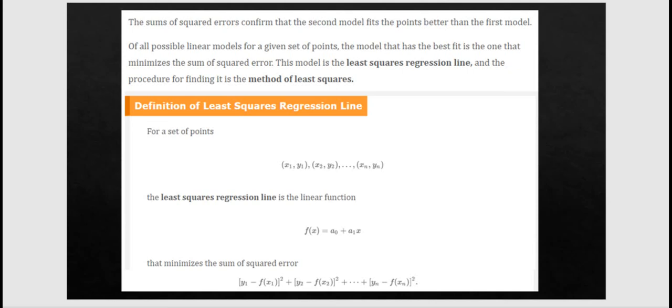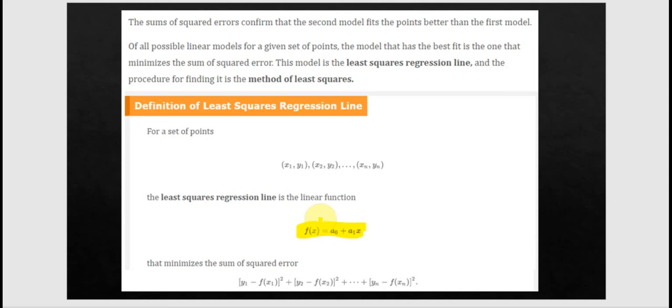This model is called the least squares regression line, and the procedure for finding it is the method of least squares. Here's the definition. Again, we're given data points, so the least squares regression line is a linear function, and this is all that we're trying to come up with: f of x equal to a sub 0 plus a sub 1 x.